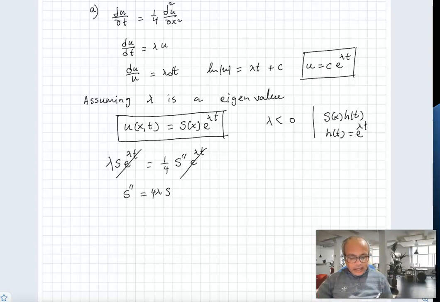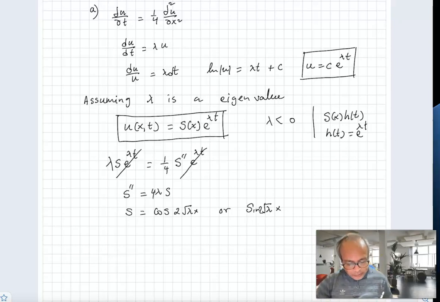Then it has a characteristic root plus or minus i times 2 square root of lambda, and we know that this equation has solutions, sines and cosines. So the solution could be either s equal to cosine of 2 square root of lambda times x, or sine of 2 square root of lambda times x.